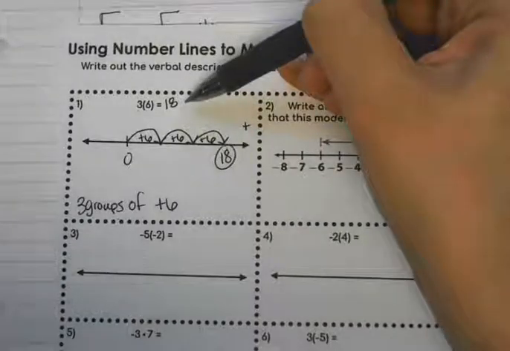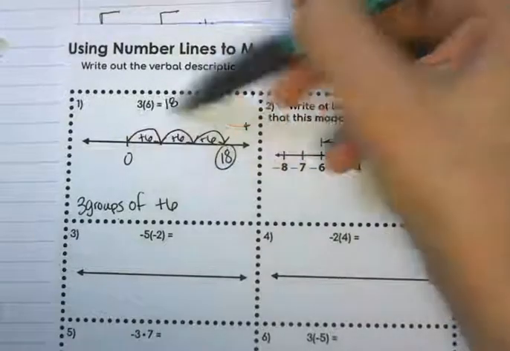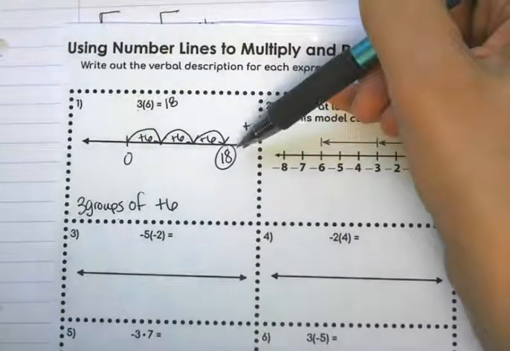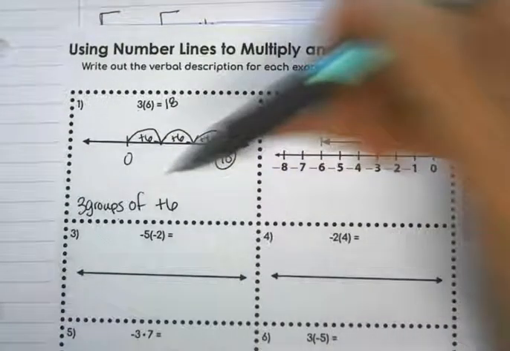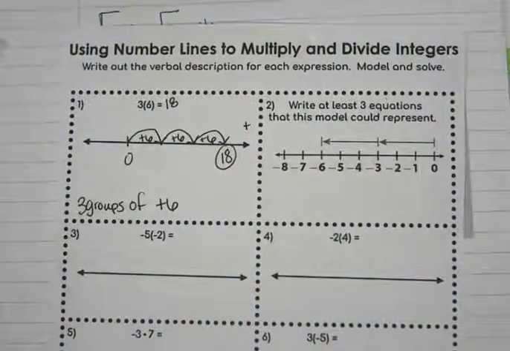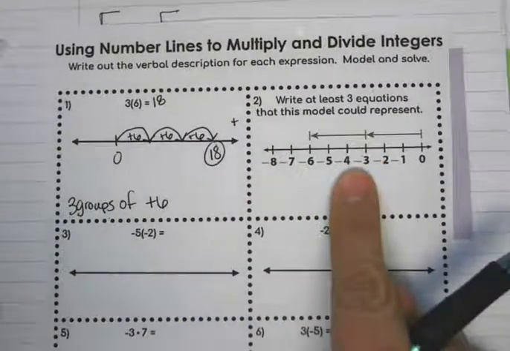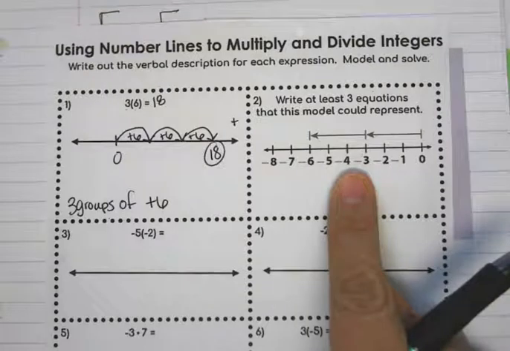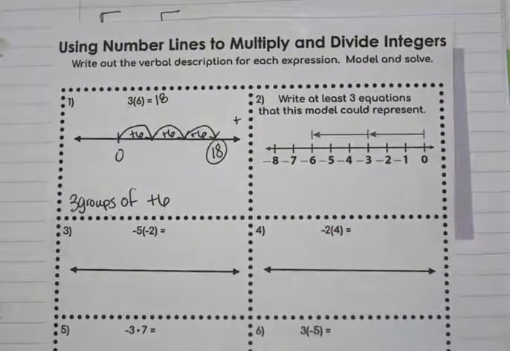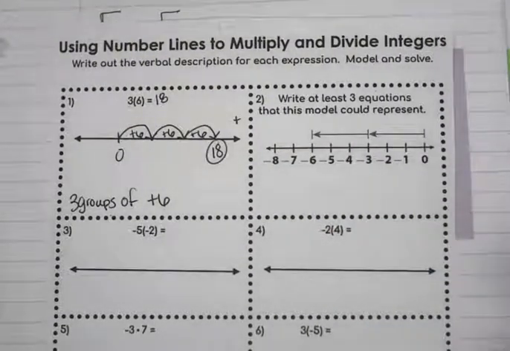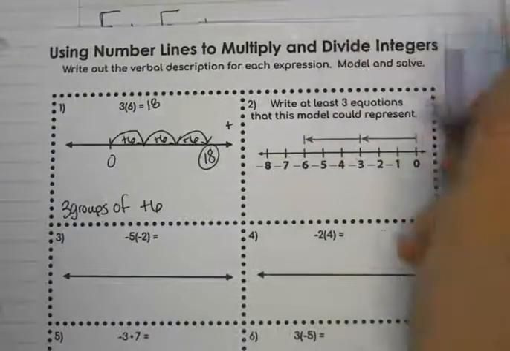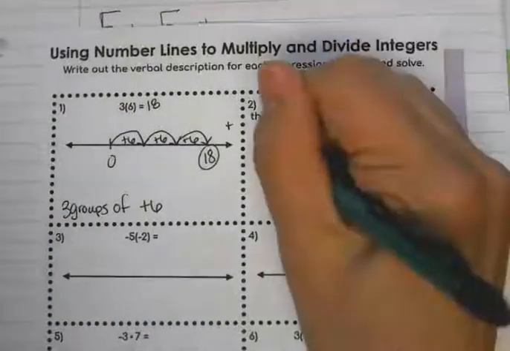And by now I'm hoping that you're able to see that this model represents more. See if you can challenge yourself for each one of these to write at least one part of the fact family. This is a number line that's already done for you. And I want you to write at least 3 equations that this model could represent. So I'm going to start out by writing some facts. I noticed that there are 2 groups.